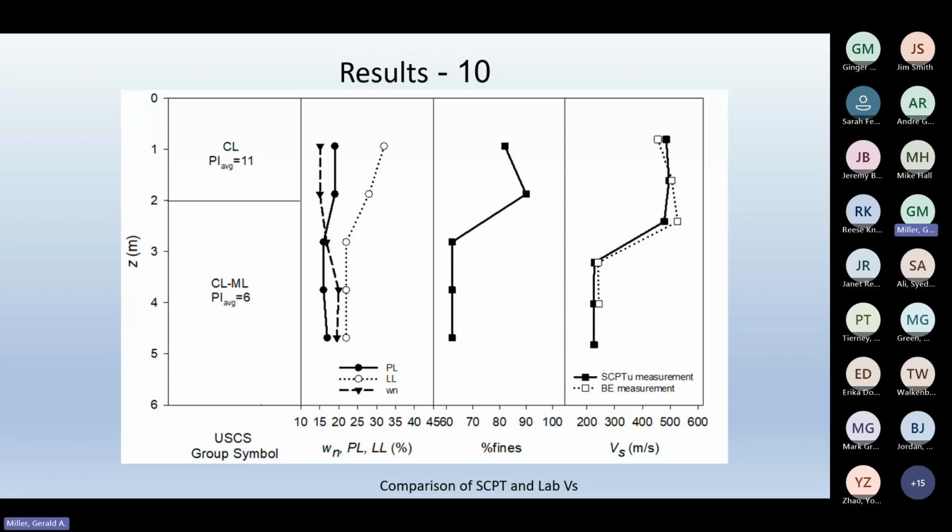Now, I would expect some variation between field and lab because the field measures shear wave velocity over a significant layer thickness, maybe 3 feet in our case, whereas the lab measurement is from the center of that layer.